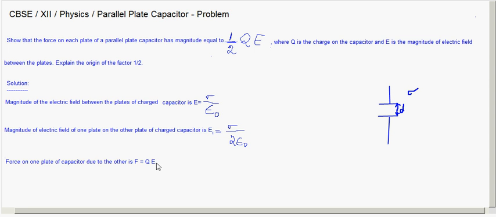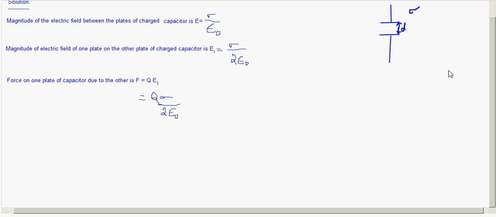So it is Q into sigma divided by 2 epsilon naught, or I can write F is equal to half into Q into sigma by epsilon naught, which is the required equation.